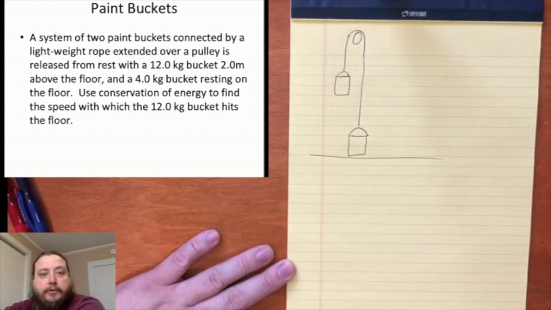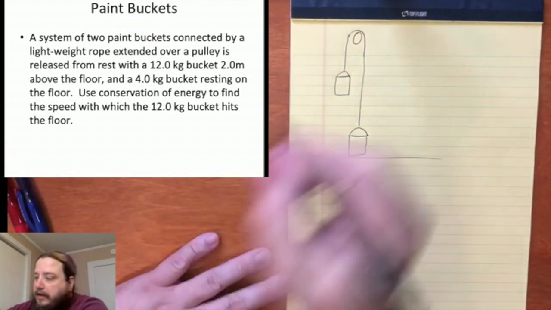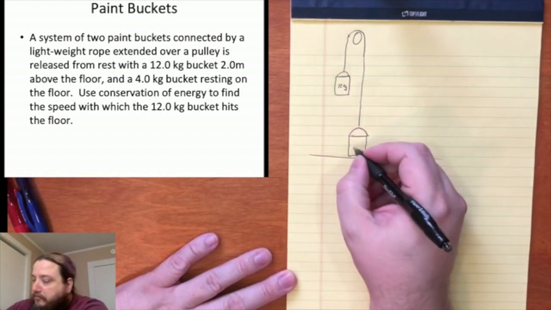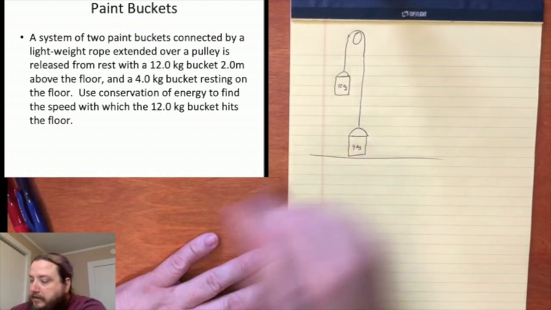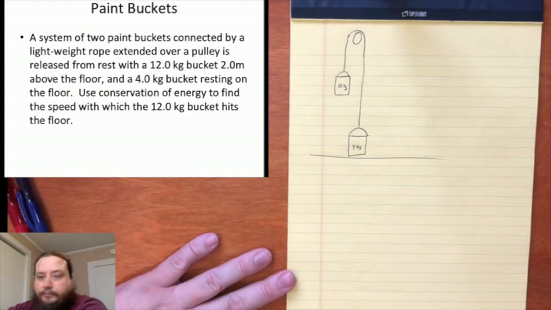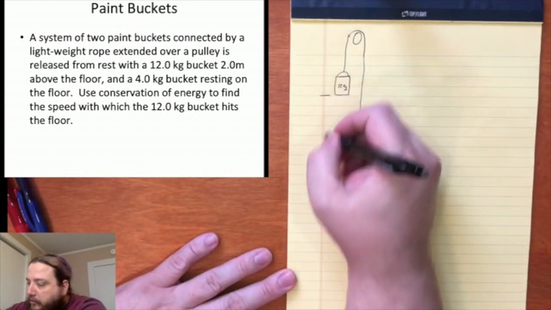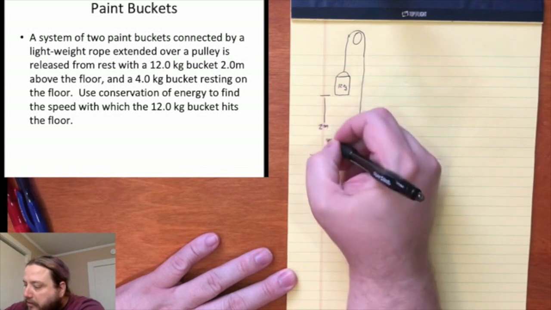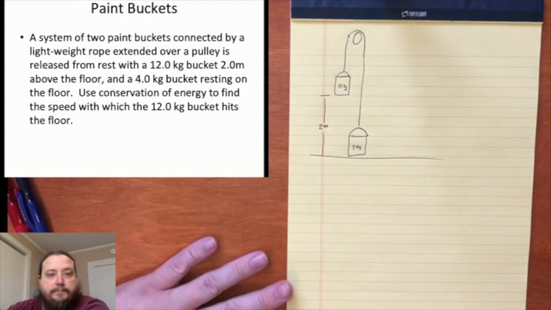So there's our floor, and this is a 12 kilogram bucket, and this is a 4 kilogram bucket. And the 12 kilogram bucket is a distance of 2 meters above the floor.